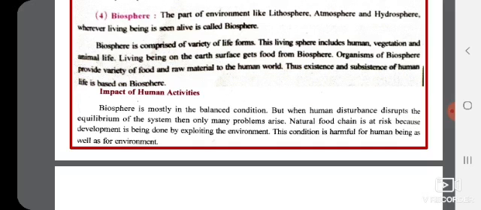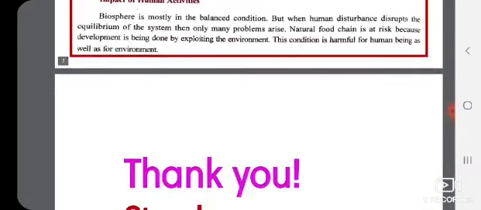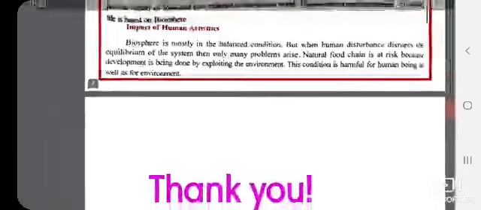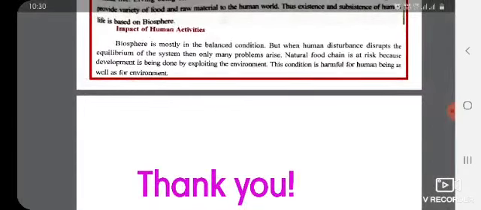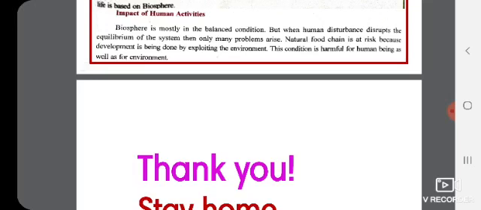So the existence and sub-existence of human life is based on the biosphere. We are all correlated with all these things. So I hope you have understood biosphere also over here. Now what are the impacts of human activities on the biosphere? Now the biosphere is mostly in a balanced condition.